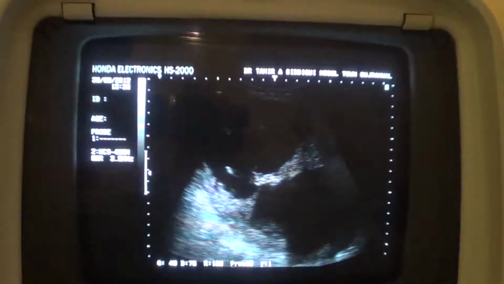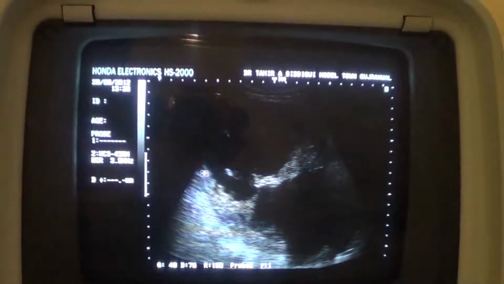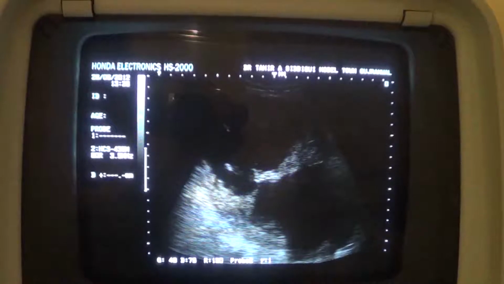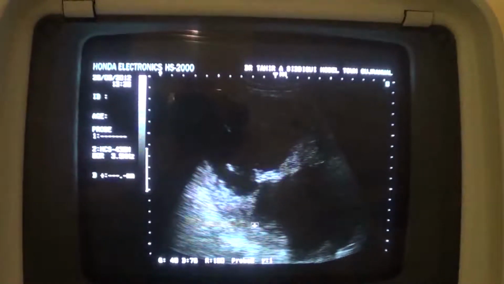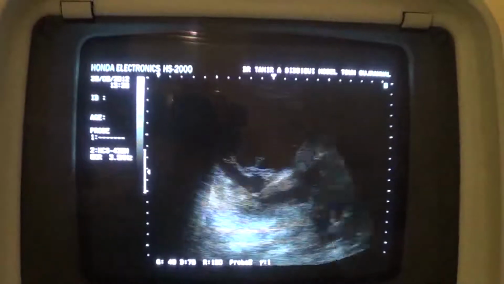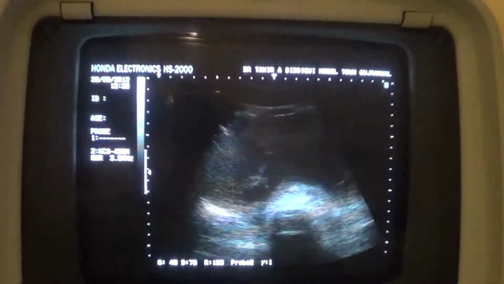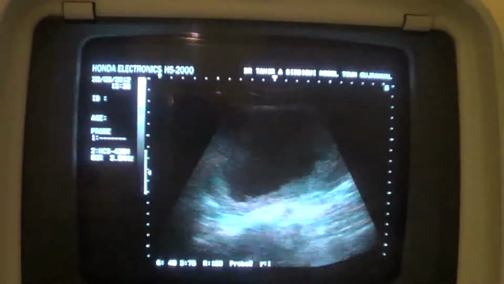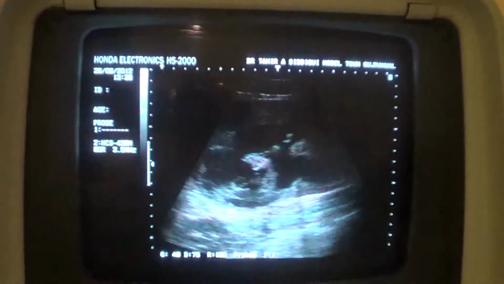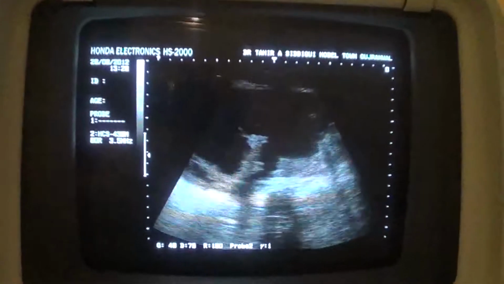And these solid areas are also seen within the posterior lateral walls of this cystic mass. So this is a large cystic mass with islands of internal echogenic areas.